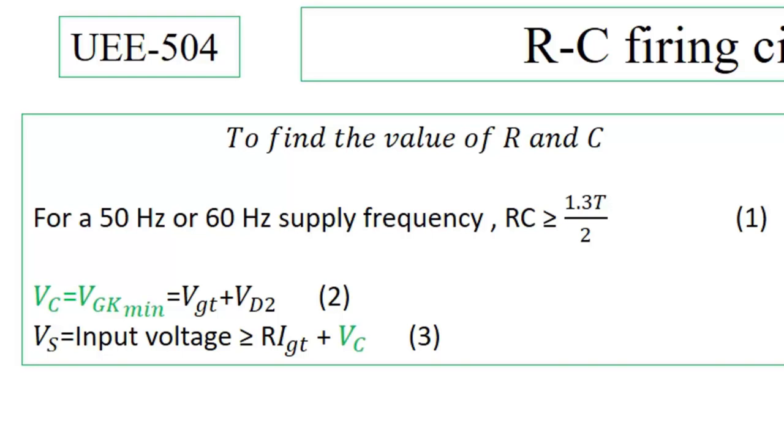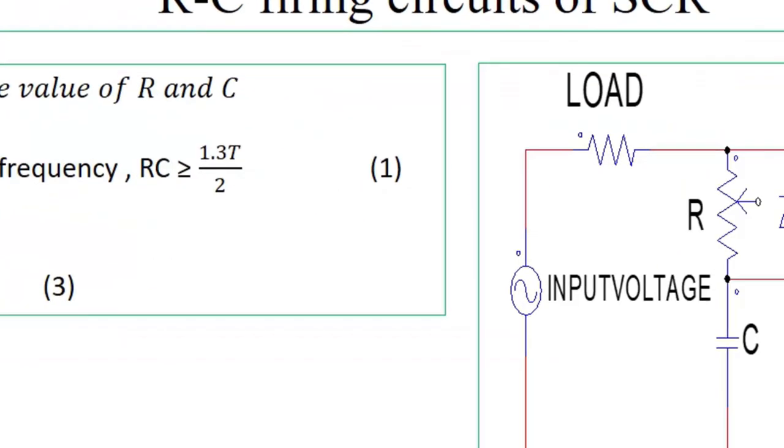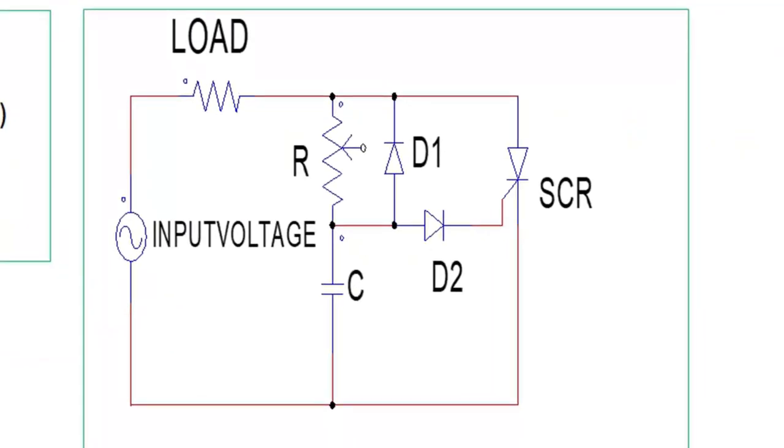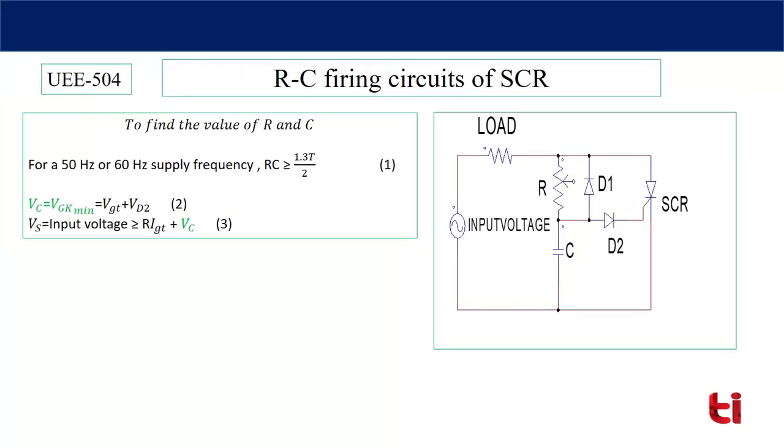IGT is the minimum gate current required to turn on the SCR. So these two conditions should be satisfied to turn on the SCR. The capacitor must be able to develop a voltage equal to the diode voltage drop plus the minimum gate to cathode voltage, and the source voltage must be more than or equal to the capacitor voltage plus R into IGT.